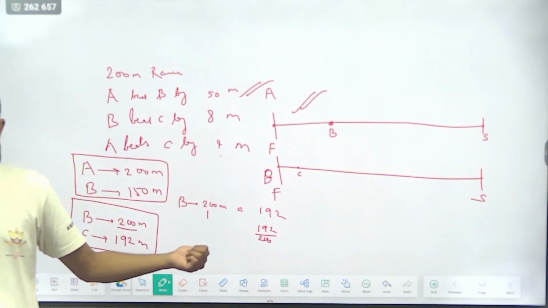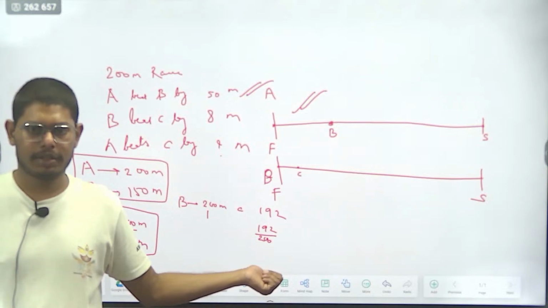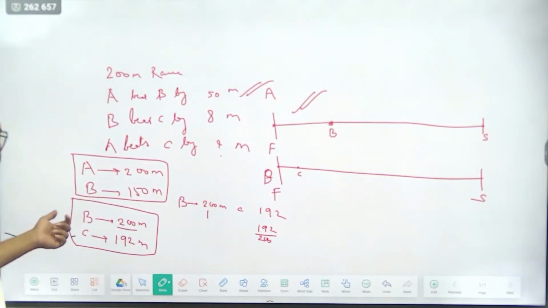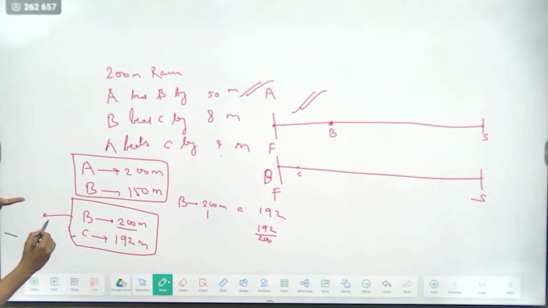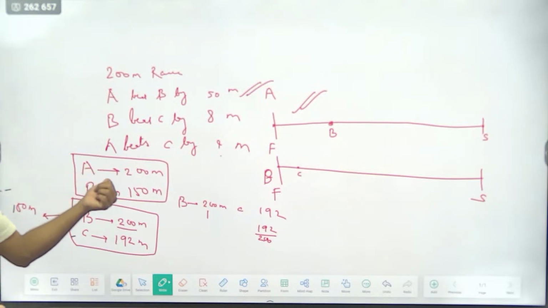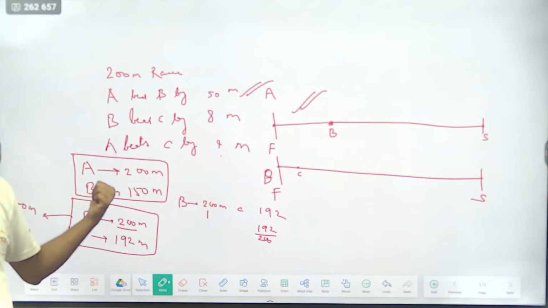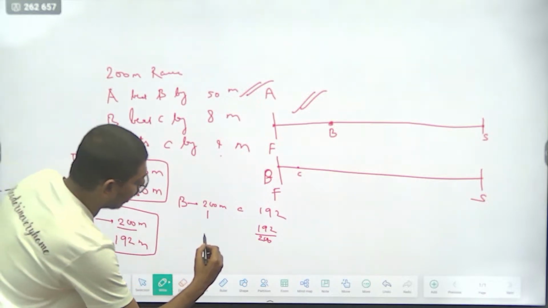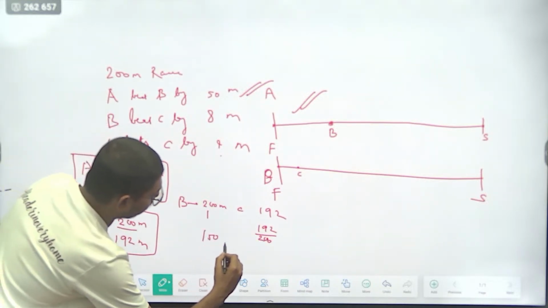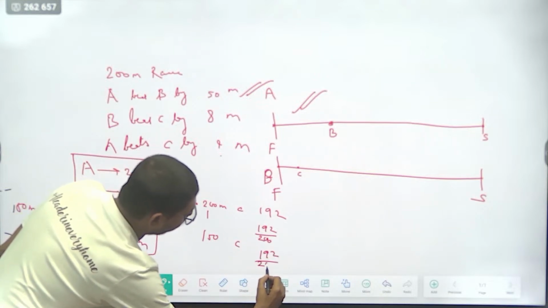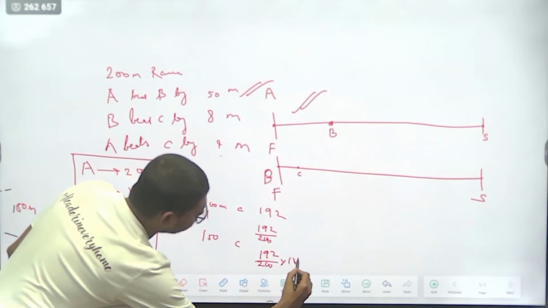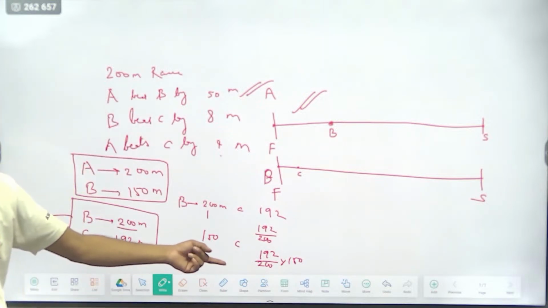Yes, unitary method, that's it. Now what if B travels only 150 meters? Then C will travel 192 into 200 into 150, right?